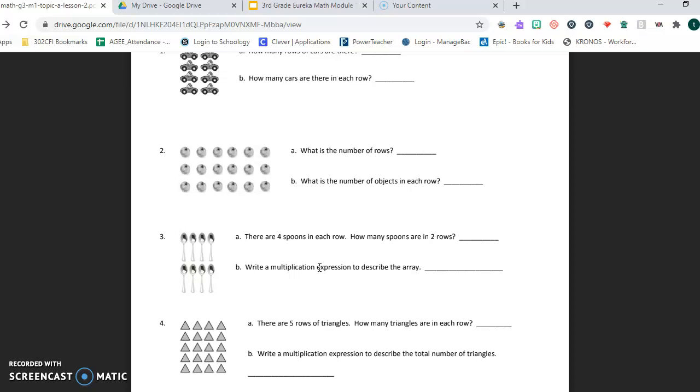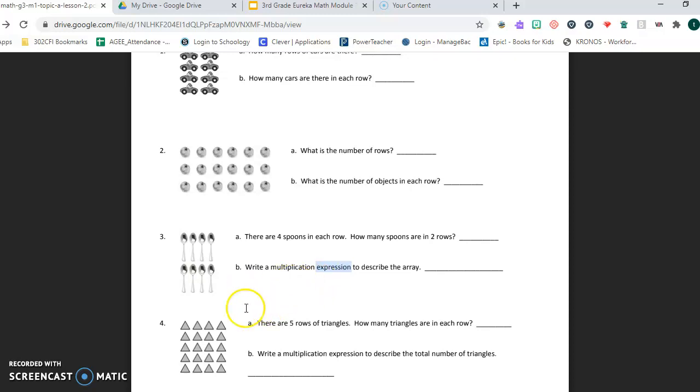You would just write 2 times 4. The same goes for if you were writing it describing the columns. You could say there are 4 columns, 4 groups of 2. So you could say 4 times 2. But if you were writing an expression, you would not write the solution on the other side of the equation. You would simply write 4 times 2.